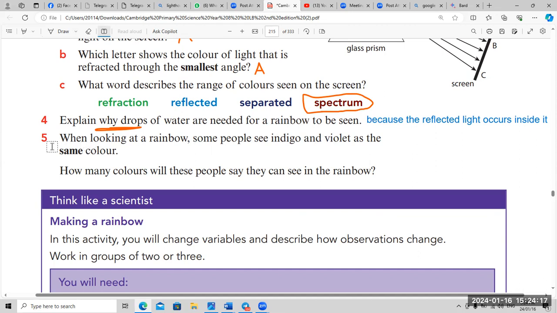Number 5. When looking at a rainbow, some people see indigo and violet as the same color.